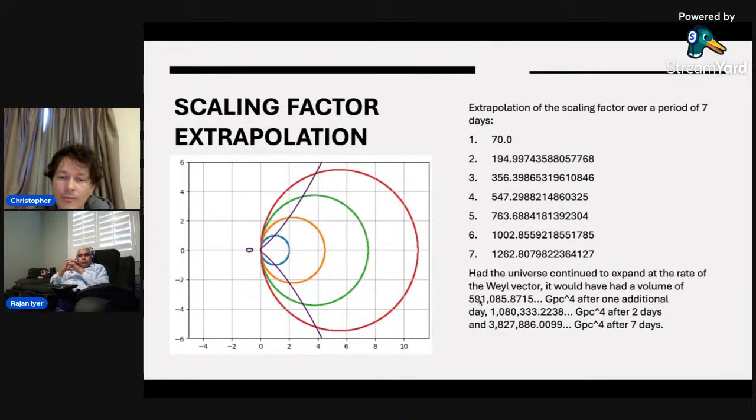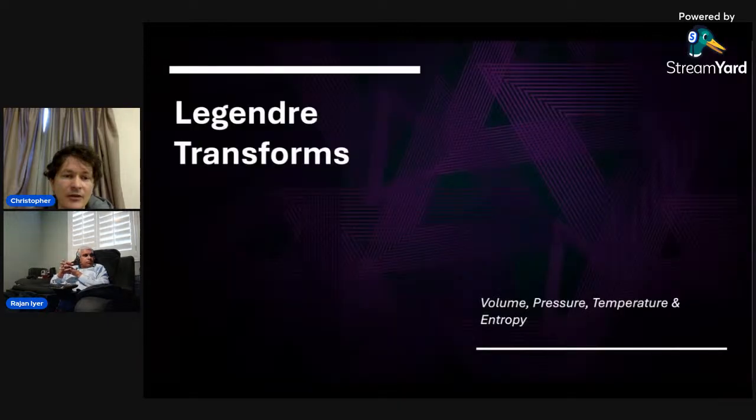Oh no, sorry, yeah, it would be 591,000 gigaparsecs to the 4th order after 1 additional day, 1 million gigaparsecs to the power of 4 after 2 days, and roughly 4 million gigaparsecs to the 4th after 7 days. So that's just an interesting extrapolation that we can do.